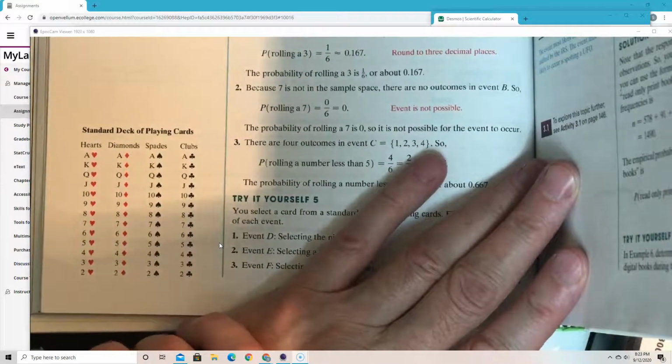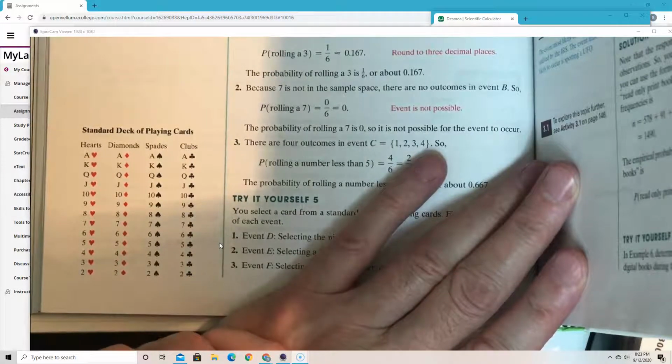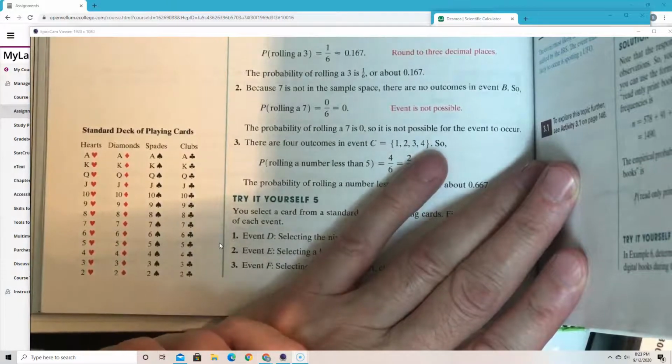Now, it can be potentially confusing, because it's easy for us to think, well, I don't know if the first card was an 8 or not, or the second card is a 5 or not, until I look. Well, yes.